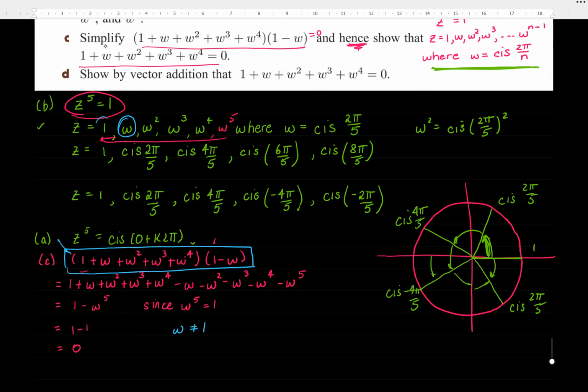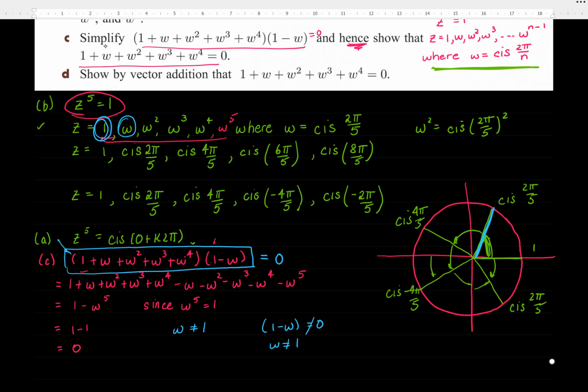We've already got 1 as our solution there, so w is not 1. You can see it clearly here. It would be the next root. So for this whole expression to equal 0, either 1 take w has to equal 0, and because w cannot equal 1, well, that's not going to happen.